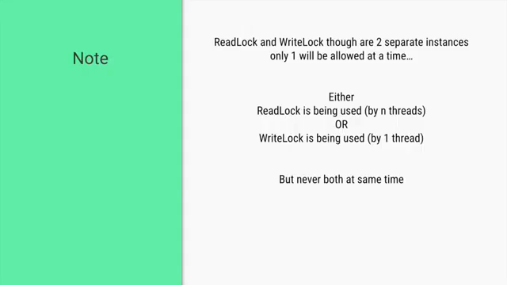And just to clarify, even though we have two separate locks, a read lock and a write lock, which are two separate instances, only one will be allowed. So either you can have n number of threads accessing the read lock, or you can have a single thread accessing the write lock. But you cannot have both reading and writing done at the same time.